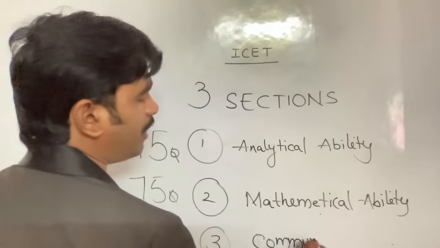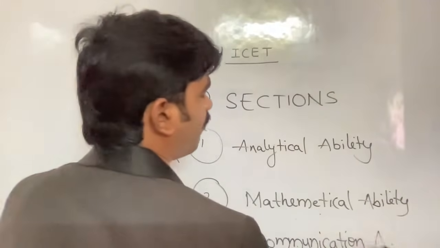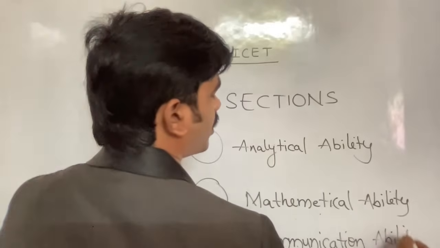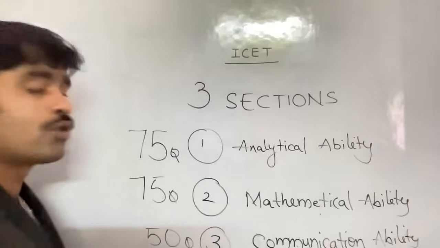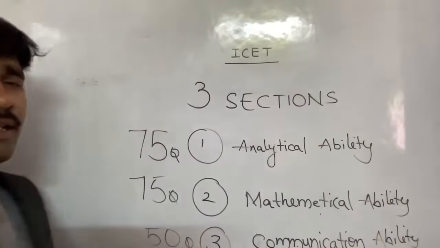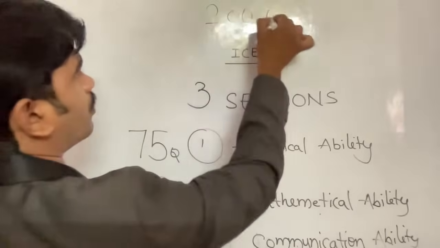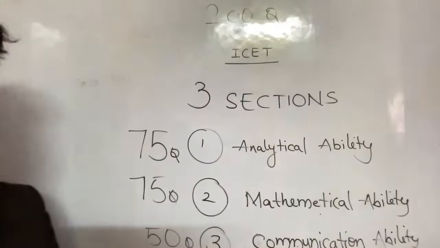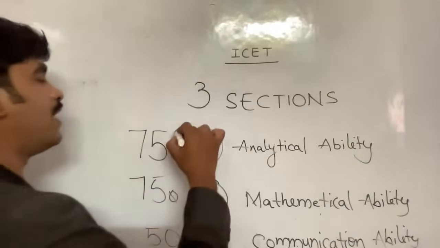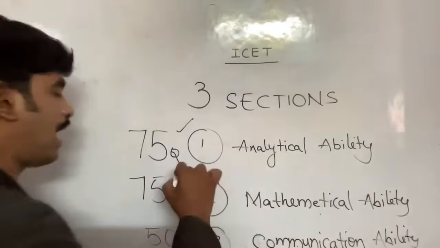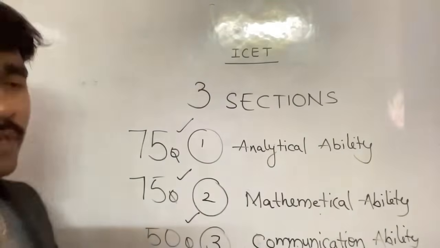From communication ability, you will have 50 questions. So altogether in your ICET examination, you are going to have 200 questions: 75 from analytical ability, 75 from mathematical ability and 50 from communication ability.